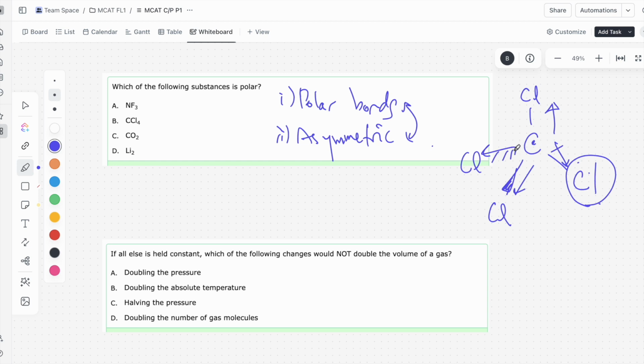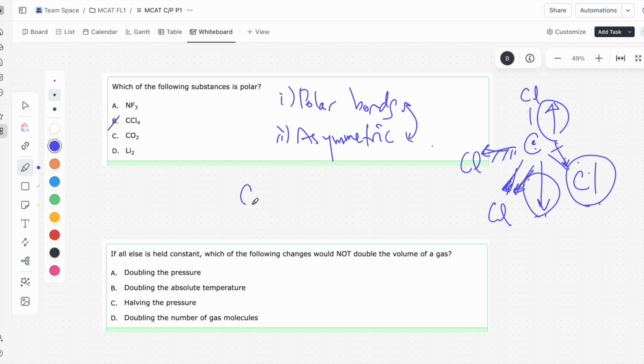If you think about adding up this vector and this vector, remember these are in 3D space, what ends up happening is these three down here add up to a vector that goes downwards. And if you add up this vector and this vector, because they have the same magnitude but opposite directions, they cancel each other out and you end up with a zero vector. And so since this molecule, even though it has polar bonds, is symmetric, this molecule, this substance, is nonpolar.